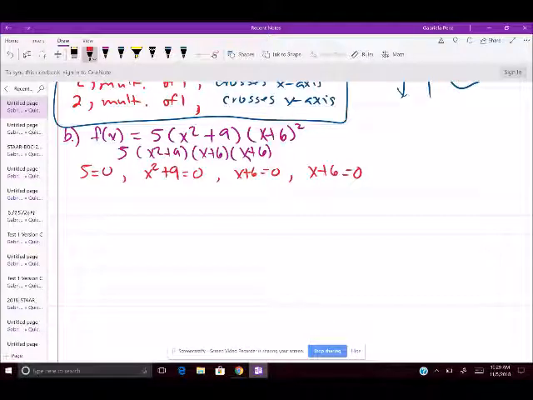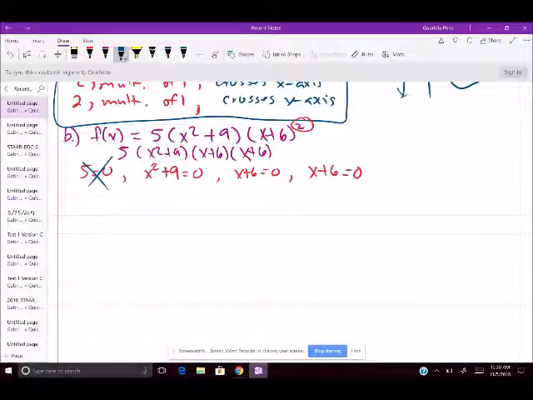So I set each factor equal to 0: the 5, the x squared plus 9, the x plus 6, x plus 6. Why did I write it twice? Because you have a 2 right there, just in case you're wondering where the extra x plus 6 came from. Now, can 5 ever equal 0? So this is not happening. There's nothing there. You won't get an answer there.